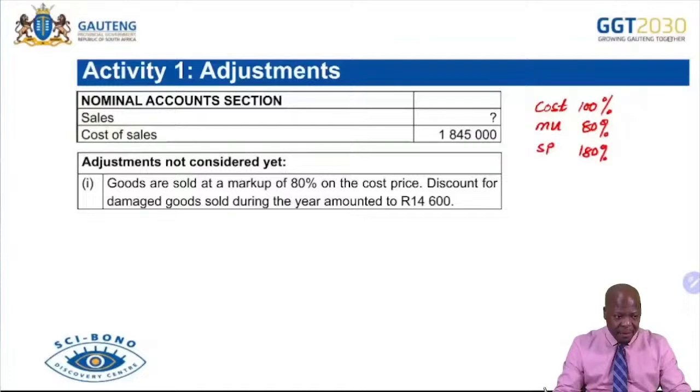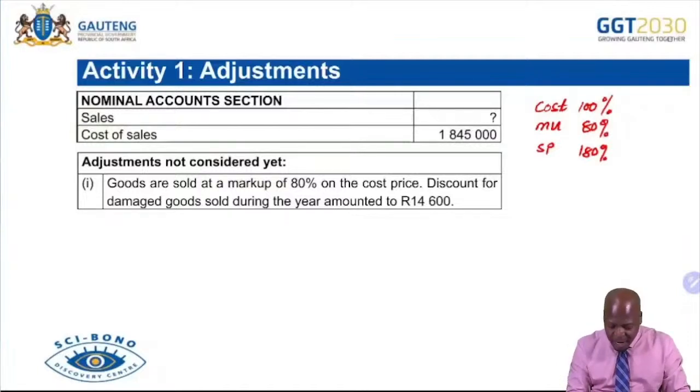Once we have this, then we need to know which one of these is given in rand value. In this case, we are given the cost, and the cost of sales is 1,845,000. So what exactly do we want?